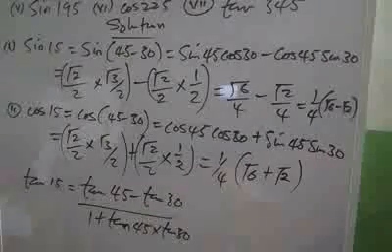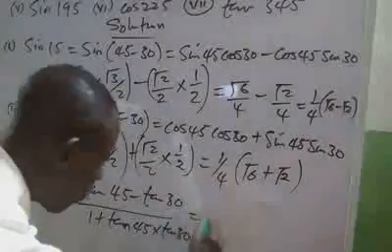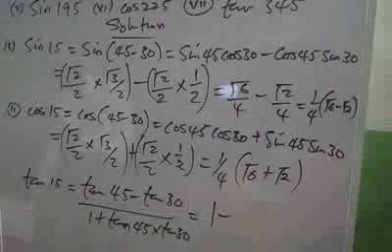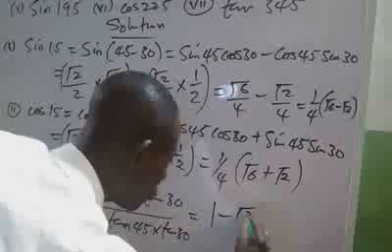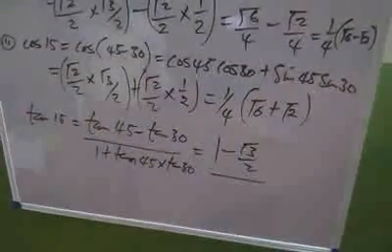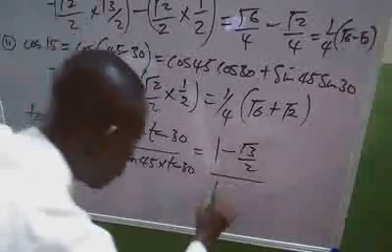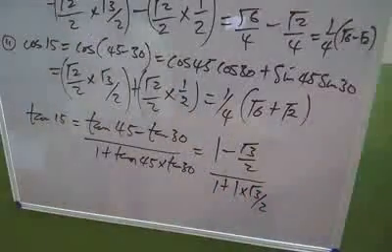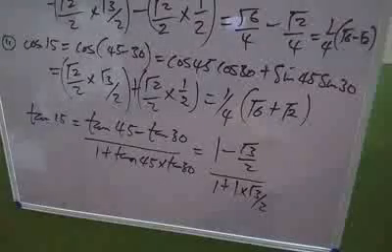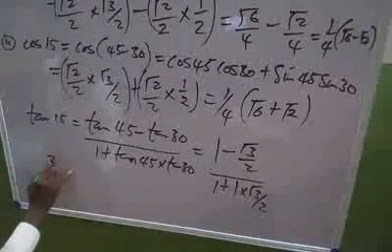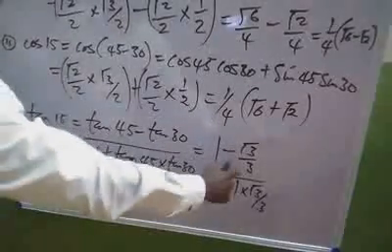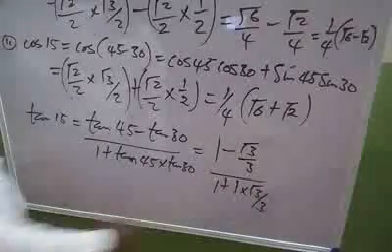If we simplify this, we have 1 minus root 3 over 3, over 1 plus 1 times root 3 over 3, because tan 45 is 1 from our previous study and tan 30 is root 3 over 3.